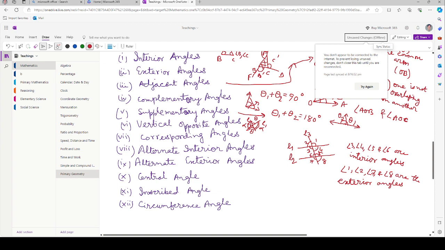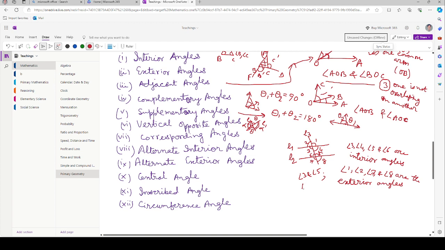Here, 3 and 4 are adjacent angles, 5 and 6 are adjacent angles. So, 3 and 5, and 4 and 6 are the pairs of alternate interior angles. Because angle 3, angle 4, angle 5, angle 6 are all interior angles, and 3 and 5 are not adjacent and opposite side of the transversal L3.